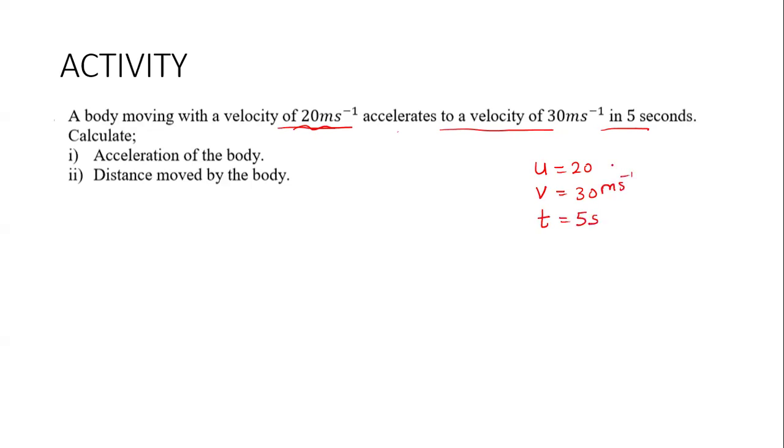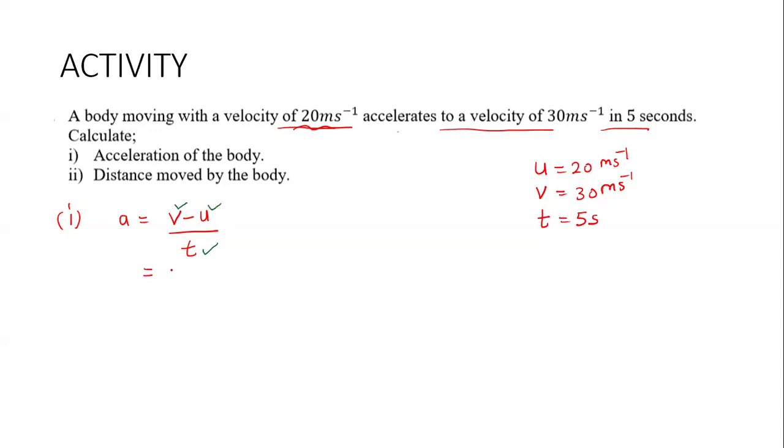Now, after summarizing, you can go on and calculate. So Roman 1, acceleration. So you know that acceleration is given by V minus U out of time. Ask yourself, have all those quantities been given to you? We have V, we have U, and we have time, meaning that we are going to substitute.